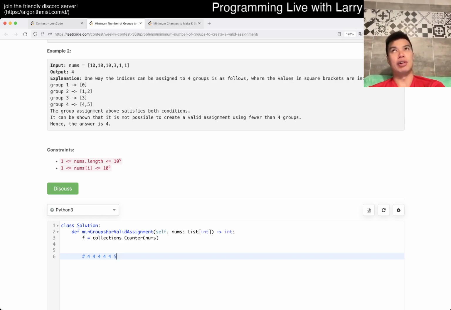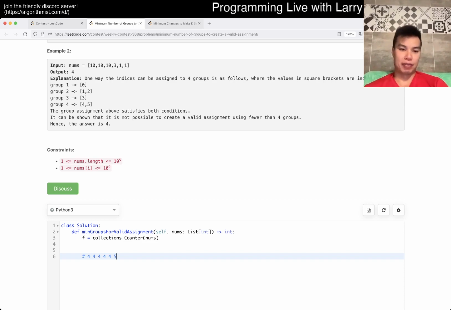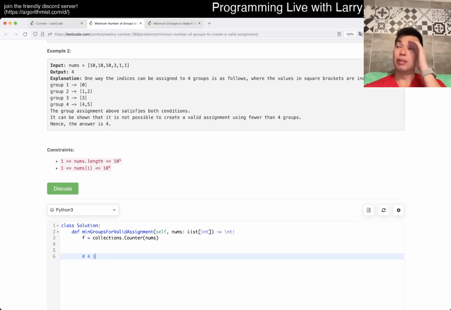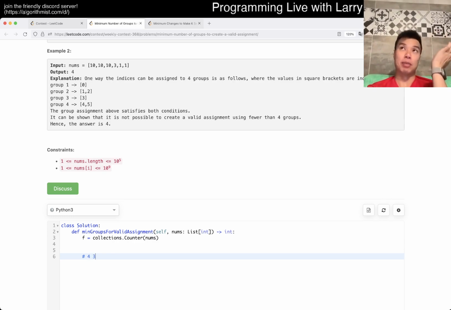Because leftovers cannot be more than groups, right? Well, you can, if it's like 5 and 4 and then 3 and you want to do 4, then you cannot just roll the 3 into the 7. So you would not be able to do it, but that's because it's too big, right?